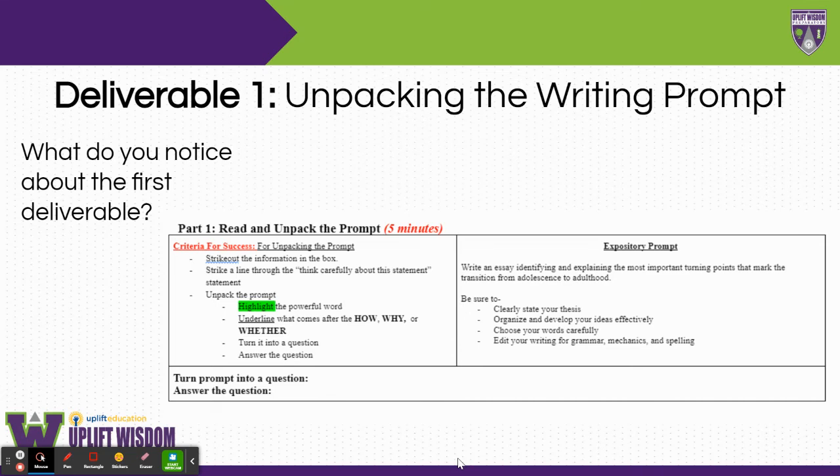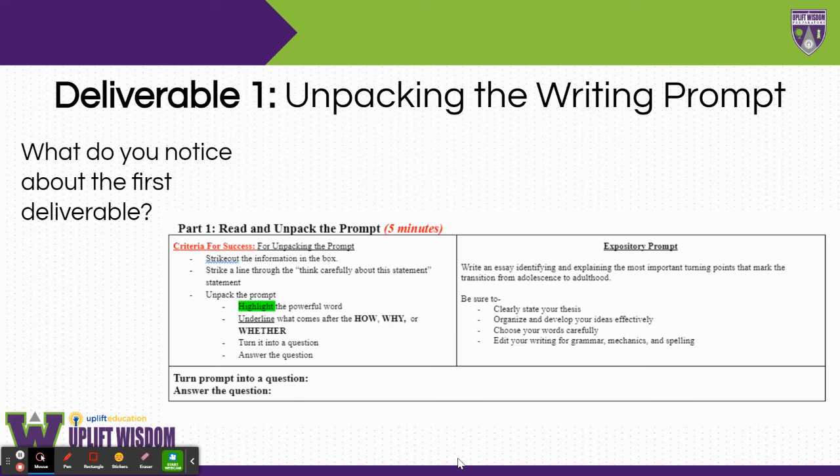So that's why strikeout is one of the things we do for unpacking the prompt. We have them strike out those two things and focus on the right part. On the STAAR, it has think, read, and then write. Think about this, read this, and then write. They'll start writing about what you're thinking about and reading about. So we have them strike that out. So that's the first step. Strike out that information.